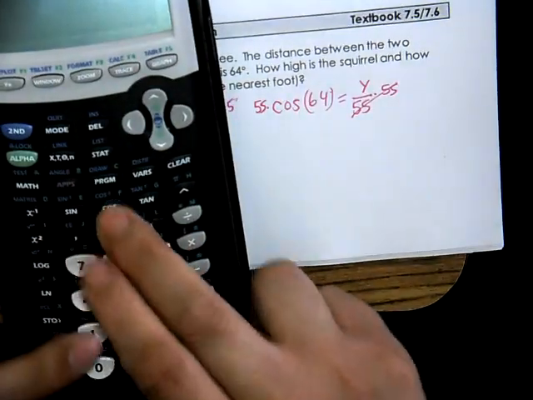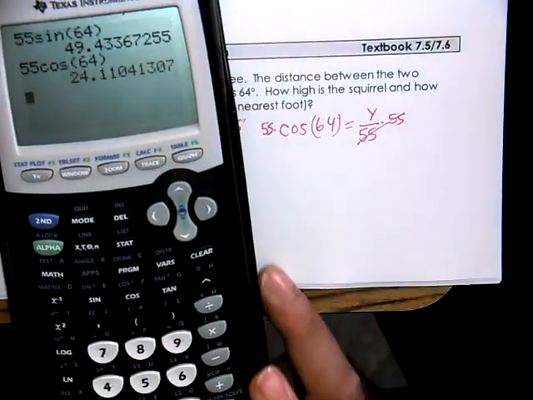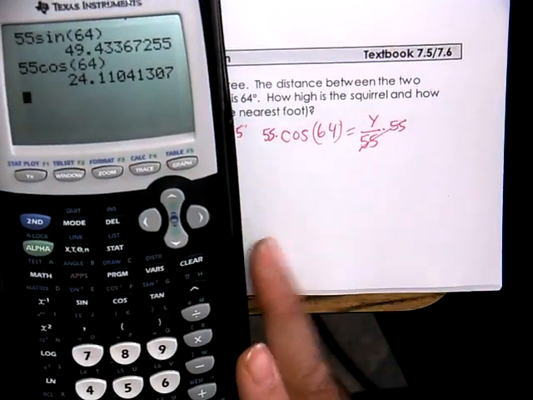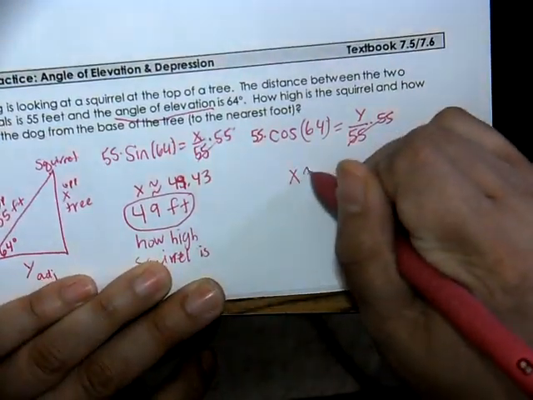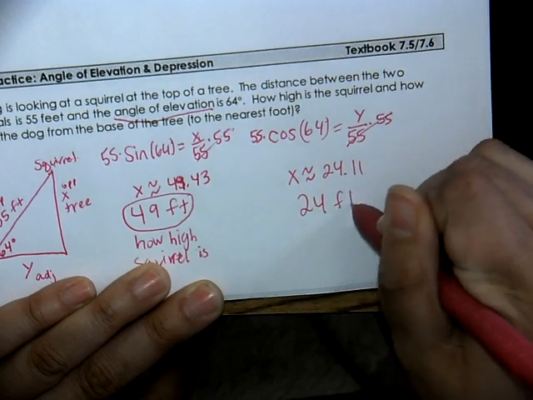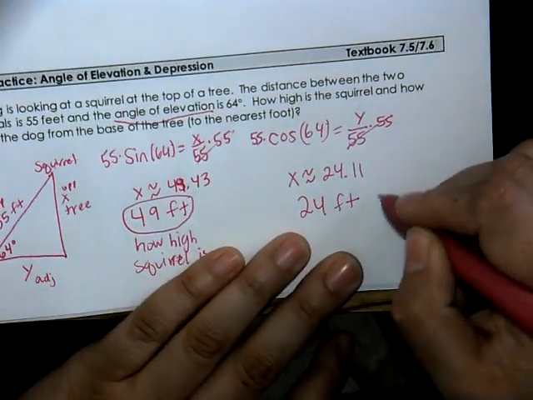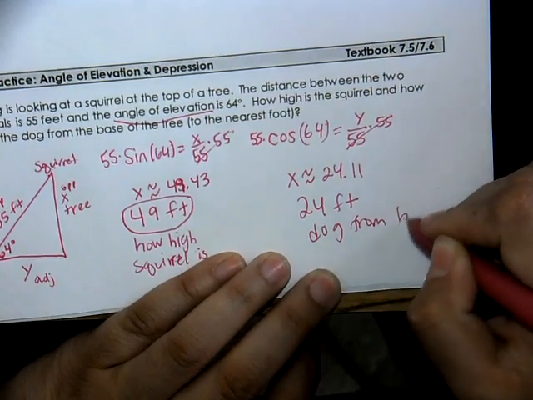So this time it's 55 cosine of 64. And this comes out to 24.1, but again, we're going to round to the nearest whole number, which is just 24. So 24 feet is how far the dog is from the base of the tree.